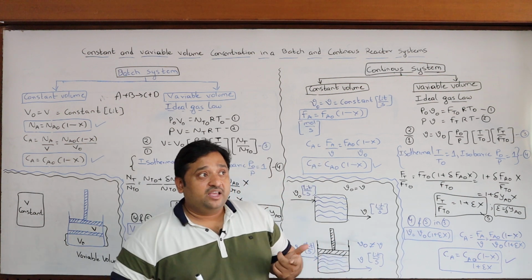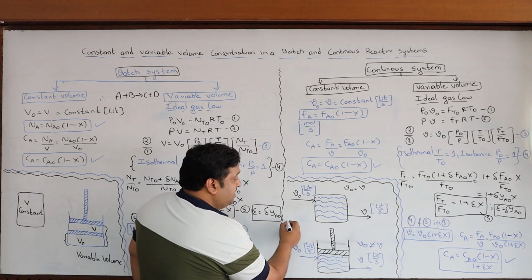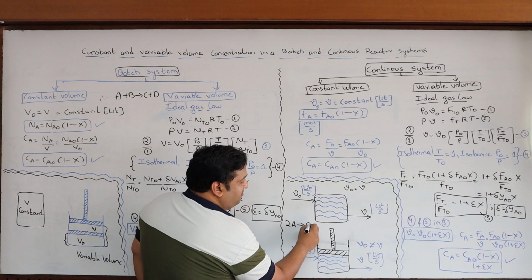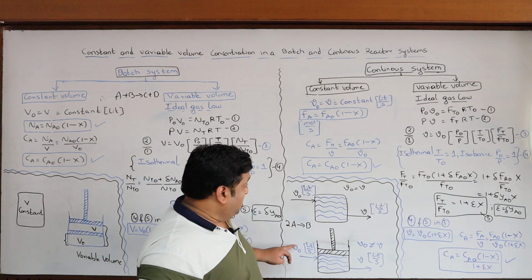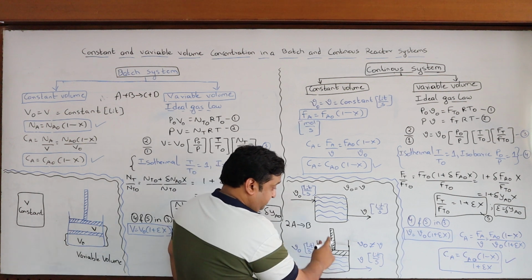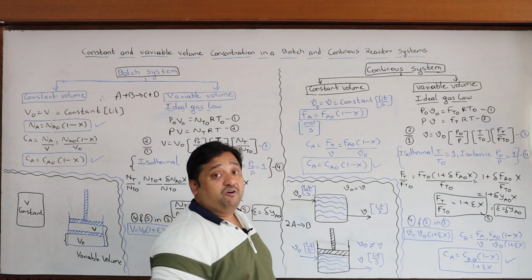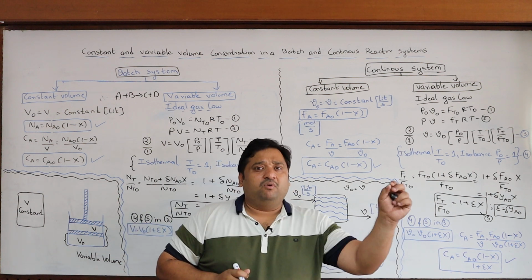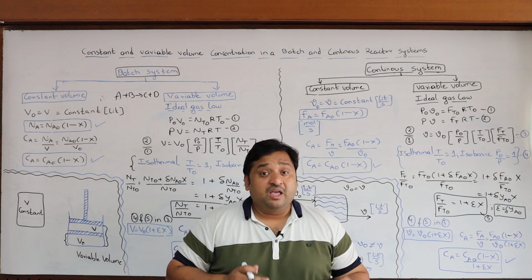If the other example, 2 moles of A giving 1 mole of B, then 2 moles per second enter the reactor, and after the reaction 1 mole of B comes out of the reactor. So 2 moles per second go in, 1 mole per second comes out.